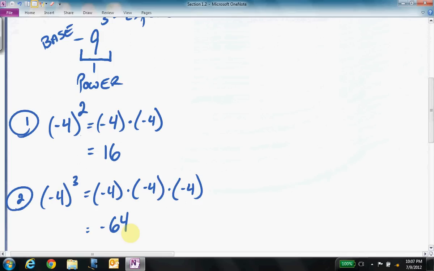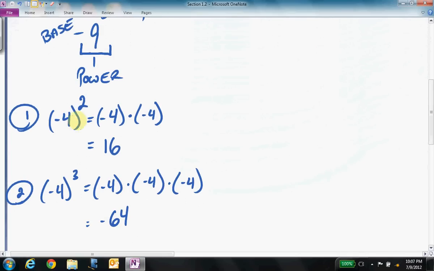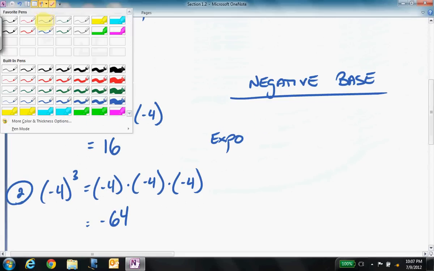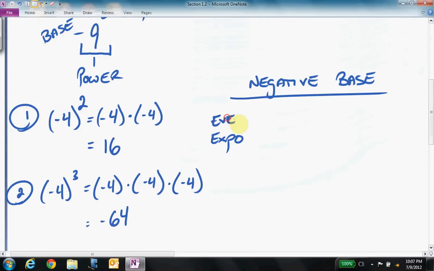Alright, so when thinking about it, whenever you have a negative base and you have an even exponent, I've got positive on the brain, but I mean an even exponent, your answer is going to be positive.